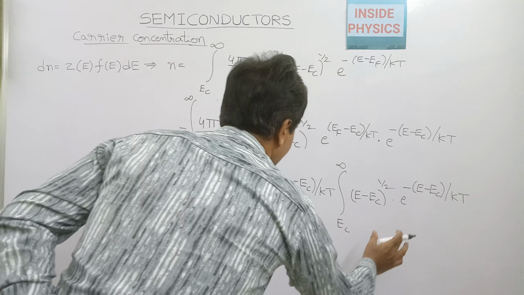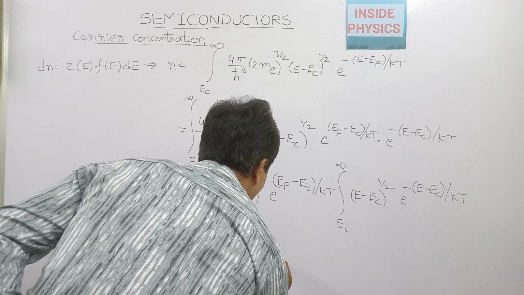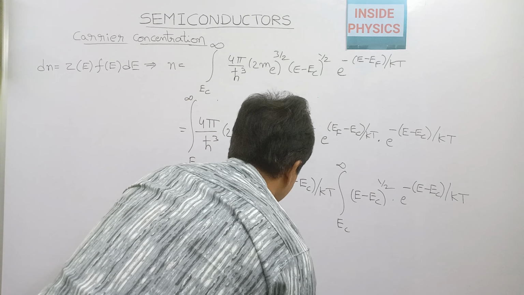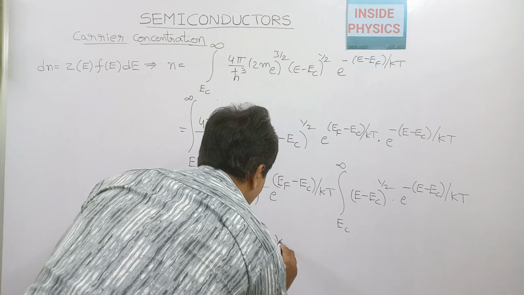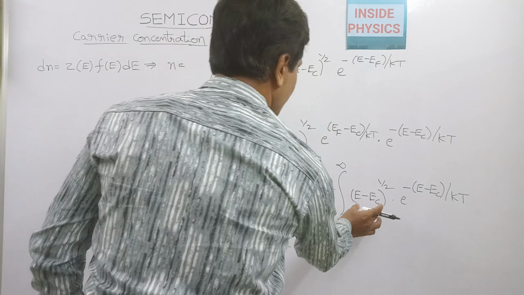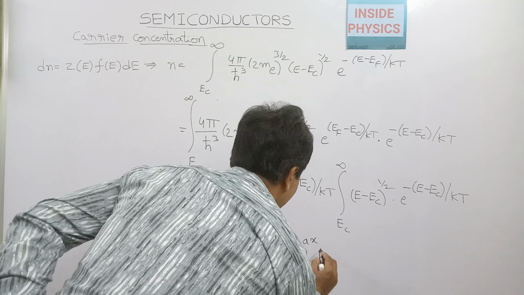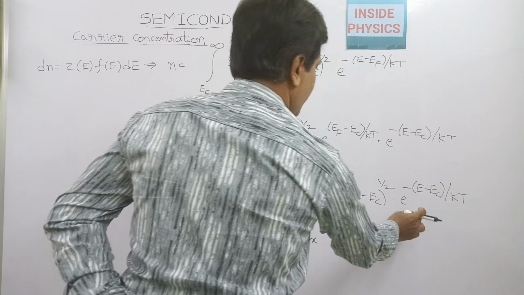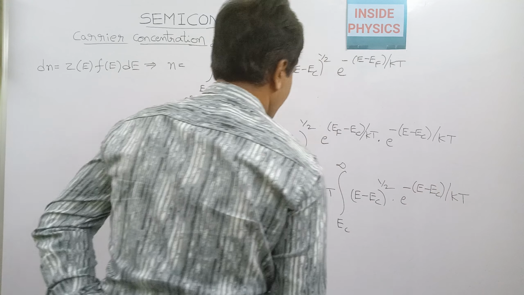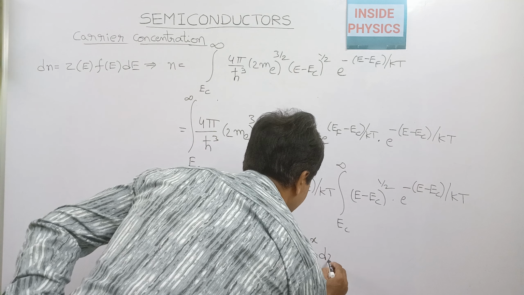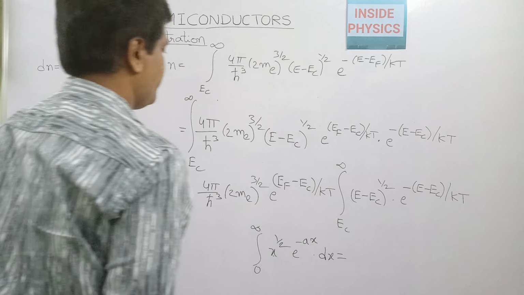This particular integral can be written as x to the power 1 by 2, e to the power minus ax, dx.